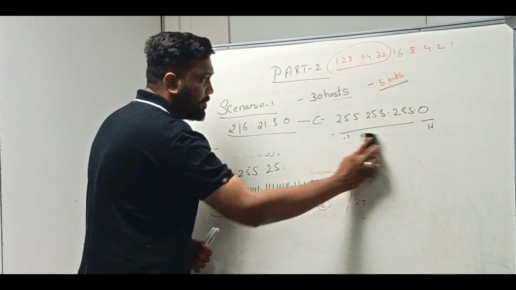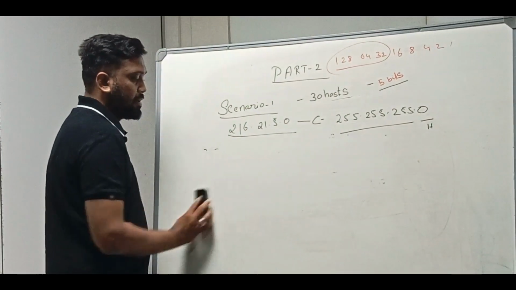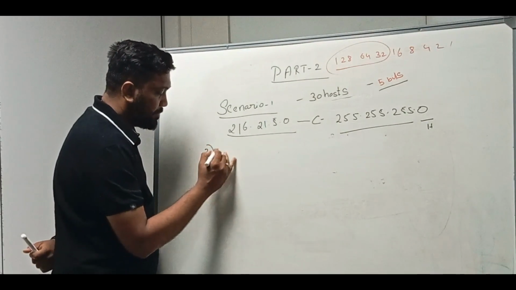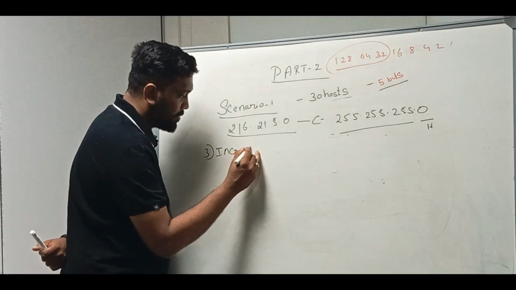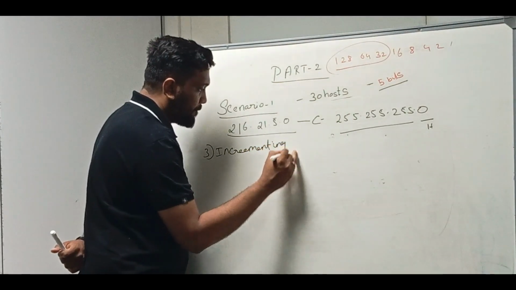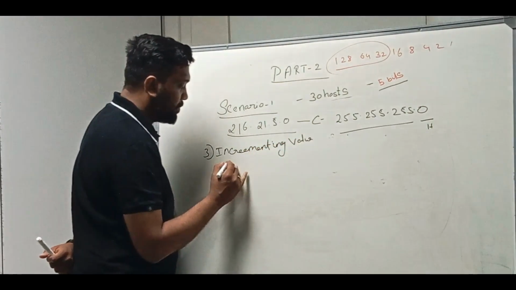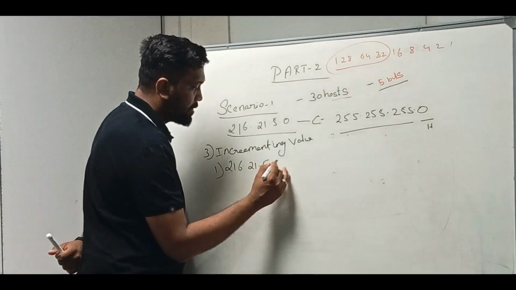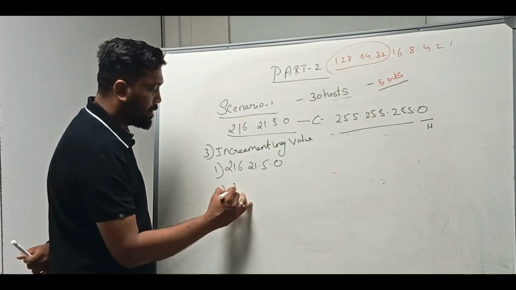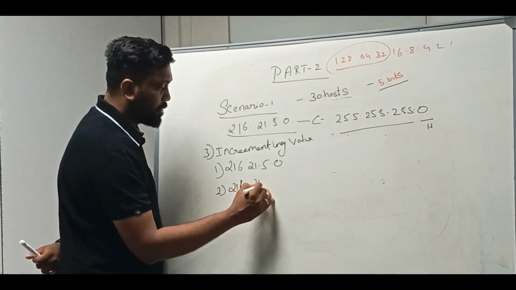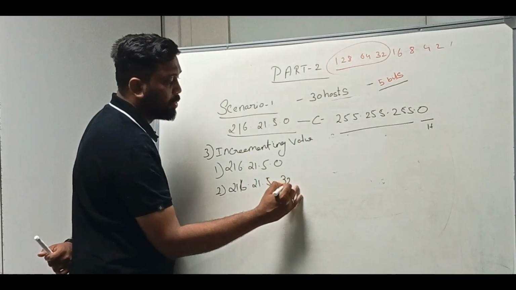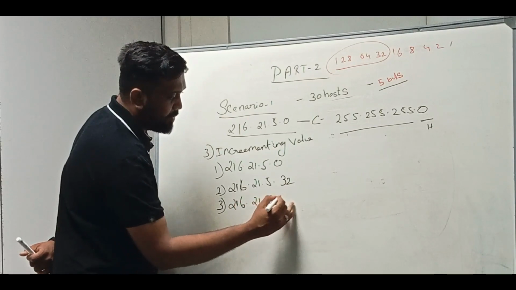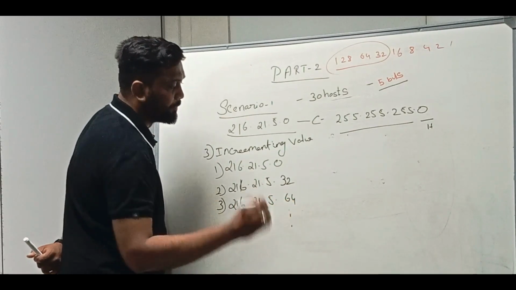Now let's do the third step. The third step is incrementing the value. First subnet 216.21.5.0. Second subnet 216.21.5.32. Third subnet 216.21.5.64. Like that it will go.